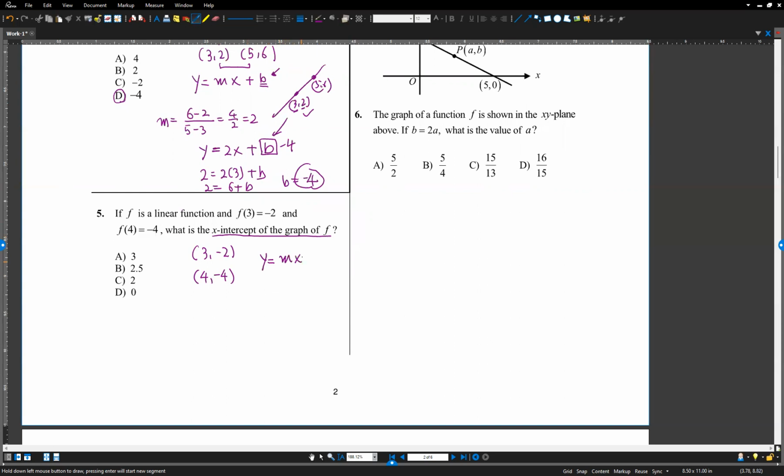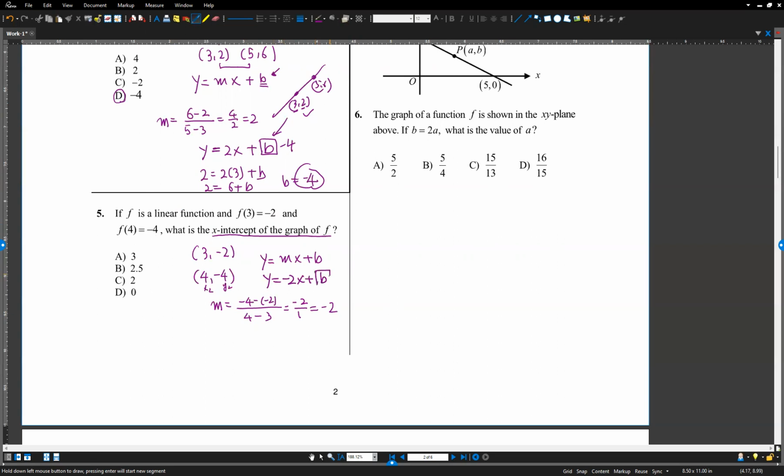Set the equation y equals mx plus b. m equals what? y2 minus y1 over x2 minus x1, negative 4 minus negative 2 over 4 minus 3. This is negative 2 over 1, which is negative 2, right? Slope is negative 2. So the equation is y equals negative 2x plus b.